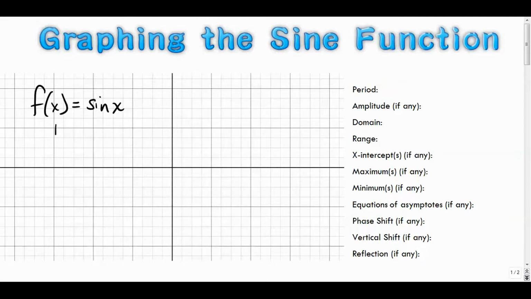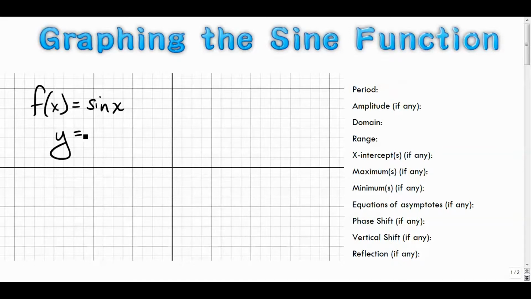What that means is you're going to input an x value, and when you do sine to that x value, out comes your y value. So you input a domain value and out comes a range value. The input-output idea is nothing new.